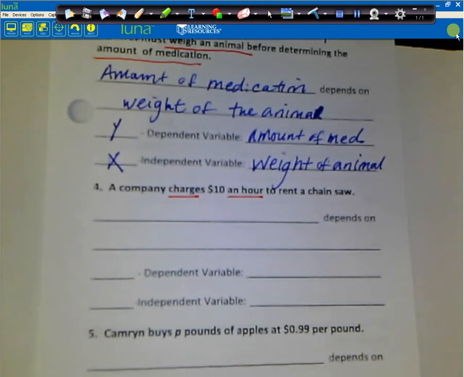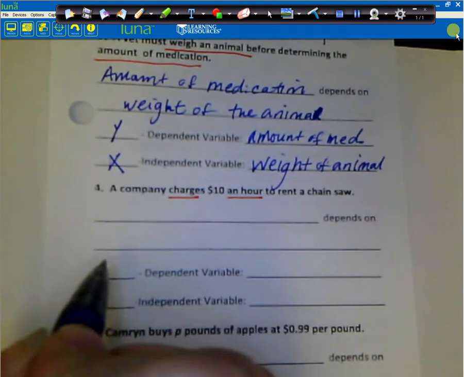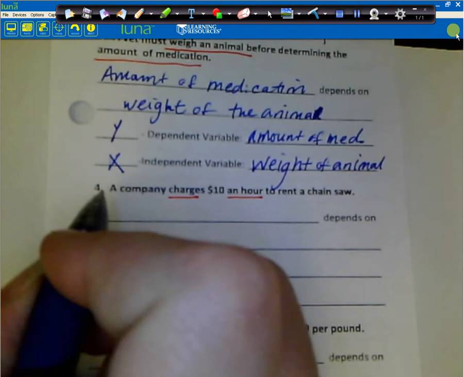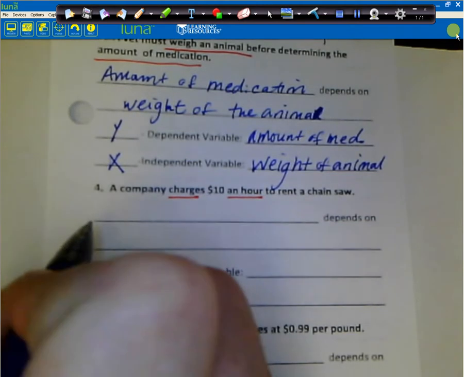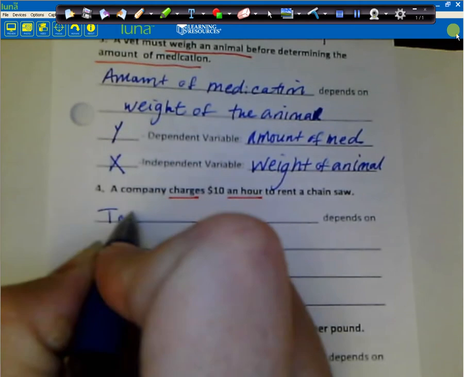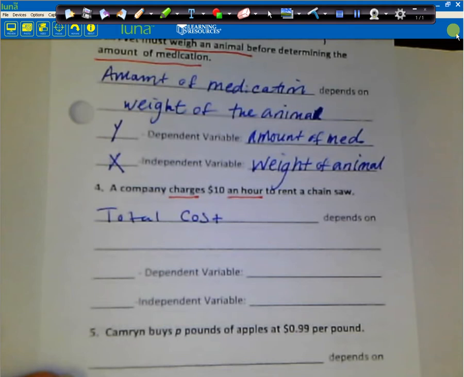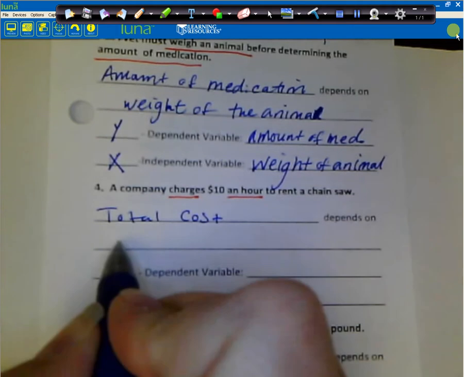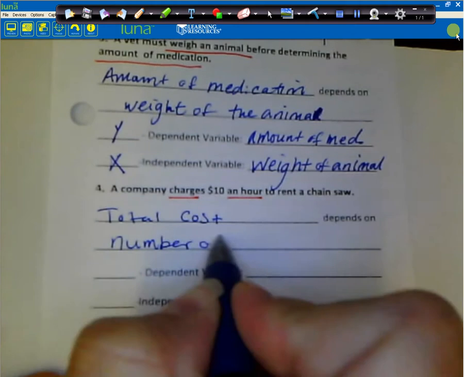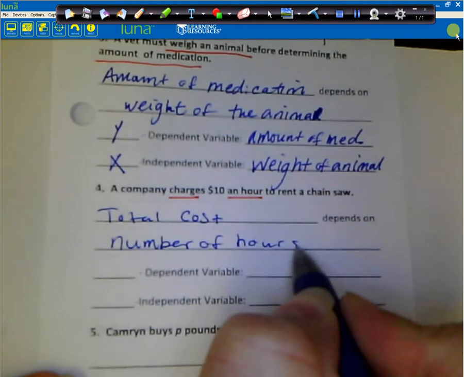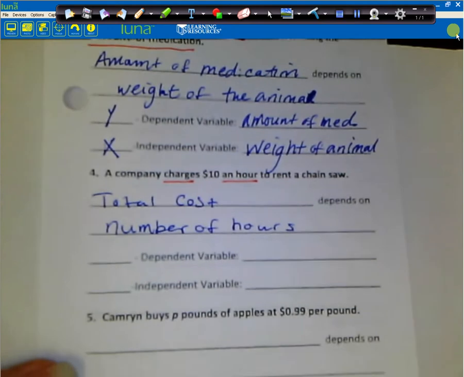So a company charges $10 an hour to rent a chainsaw, so the total cost depends on the number of hours. The total cost depends on the number of hours it is rented, or the length of time it is rented.